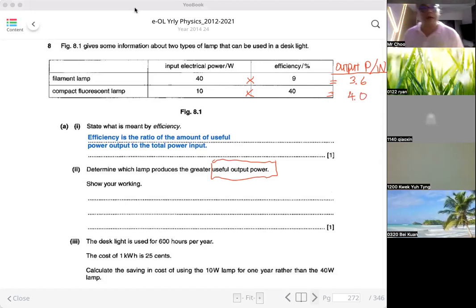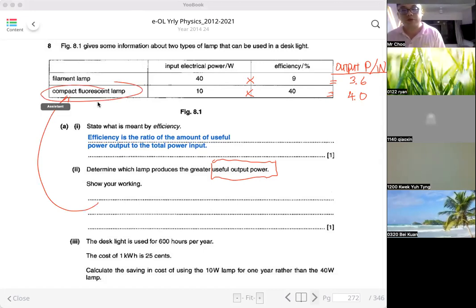From here you can tell that the greater useful output power is this number, so the answer is compact fluorescent lamp. Can you all please put it down in working plus words?